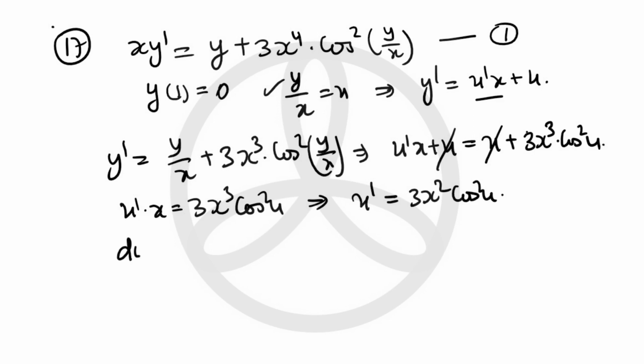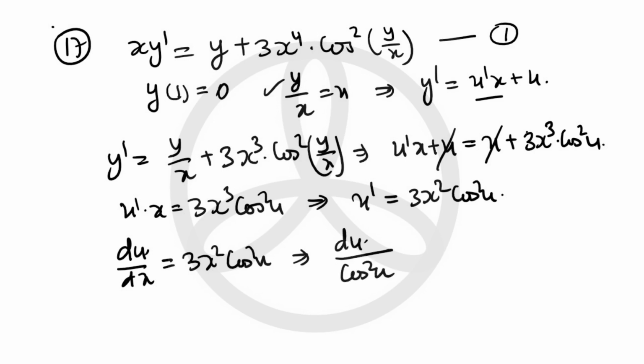This can again be rewritten as du/dx equal to 3x square cos square u, and separating the variables, we get du/cos square u here and 3x square dx.